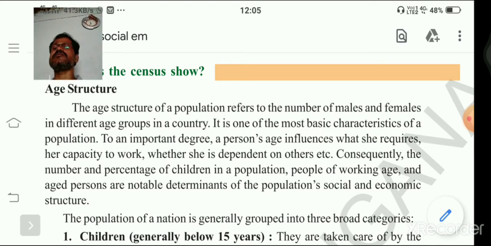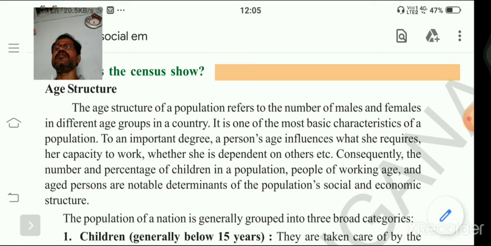So what is age structure? Age structure refers to the number of males and females in different age groups. That is called age structure. And this is one important and very basic concept in population.